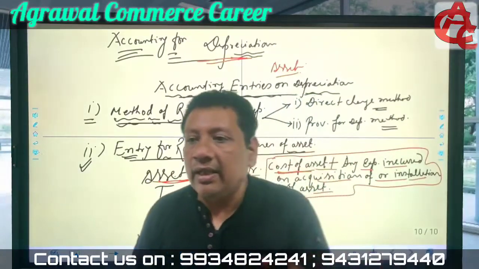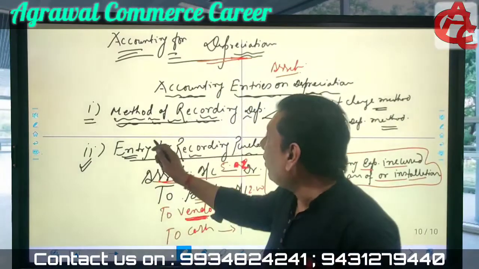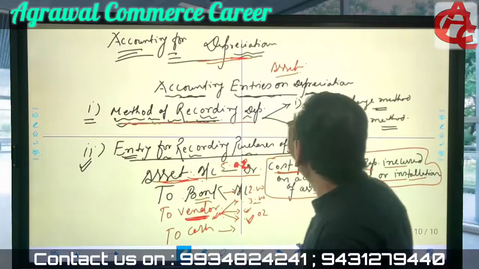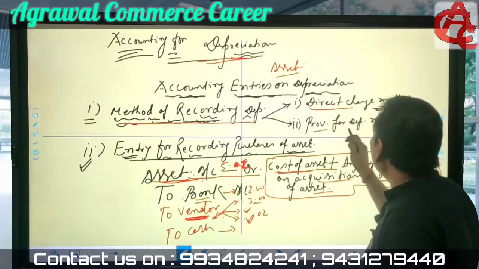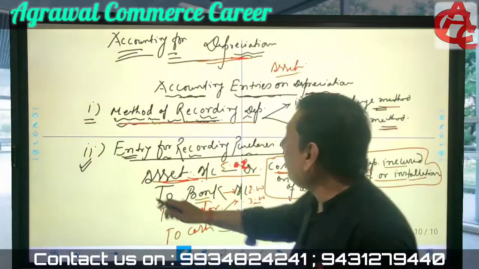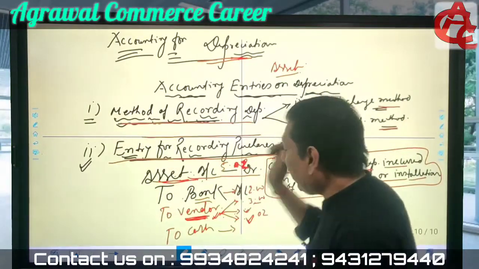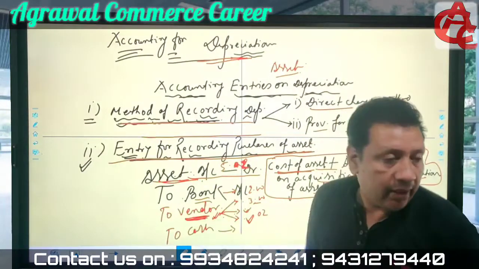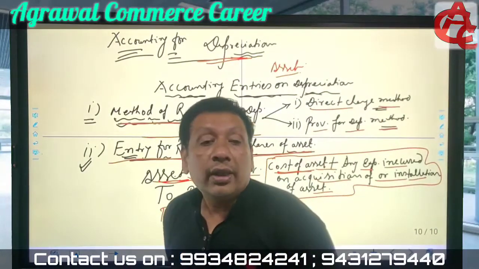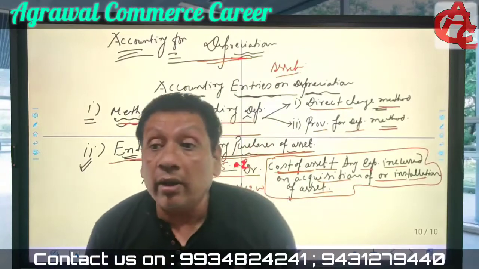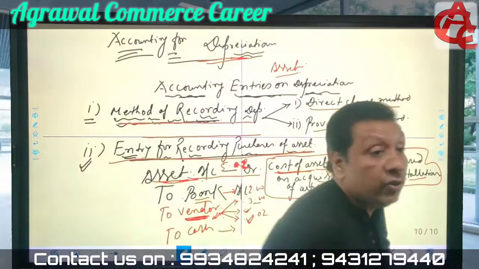So next, what steps will you take? First of all, what we did: method of recording depreciation, direct charge method and provision for depreciation method. Entry for recording purchase of assets, you have done it. But one thing I would like to ask once again: if you have issued shares or debentures for purchase of any asset, what entry will you pass?